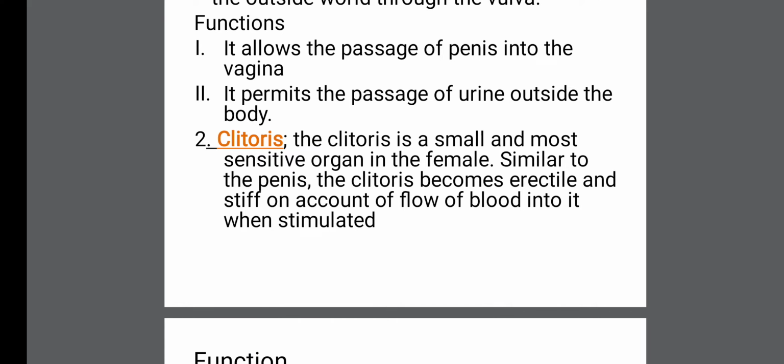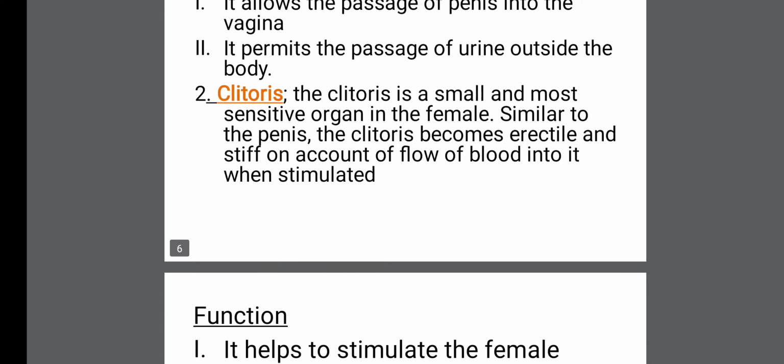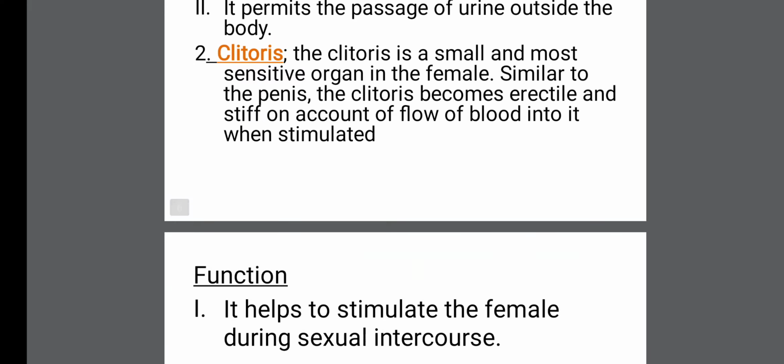The second one I want to talk about is the clitoris. This clitoris is found above the urinary duct and the vagina. The clitoris is a small and the most sensitive organ in the female. It is quite similar to the penis because it becomes erectile and stiff whenever there is blood flow into it when it is stimulated.